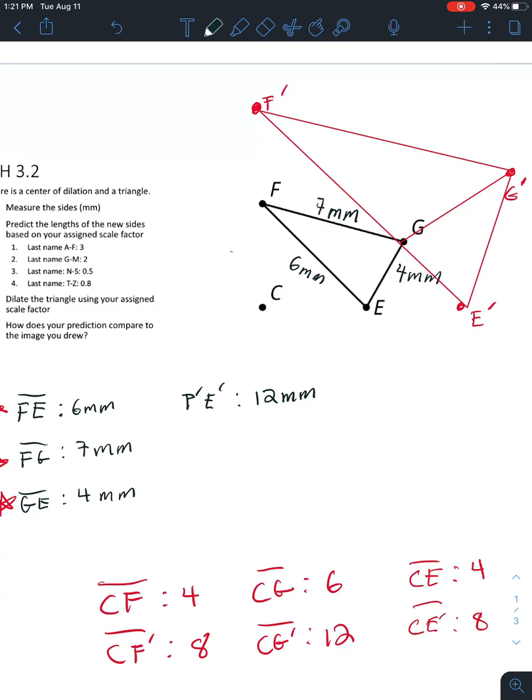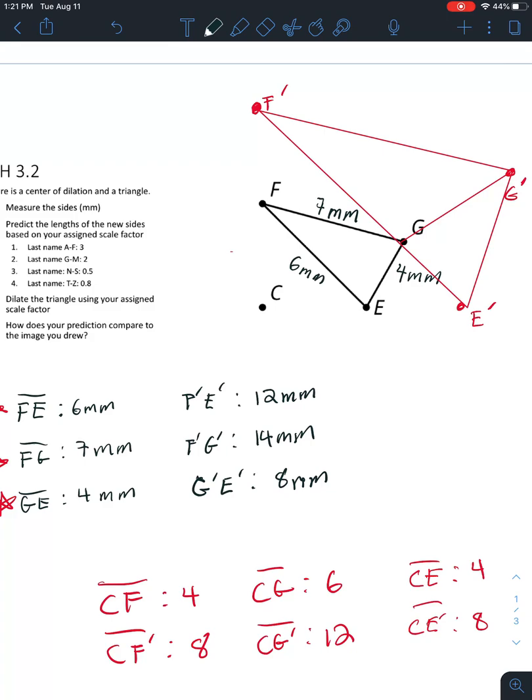So when we did this process, not only are we going to get the right answers, so F prime G prime is 14, and G prime E prime will be 8.